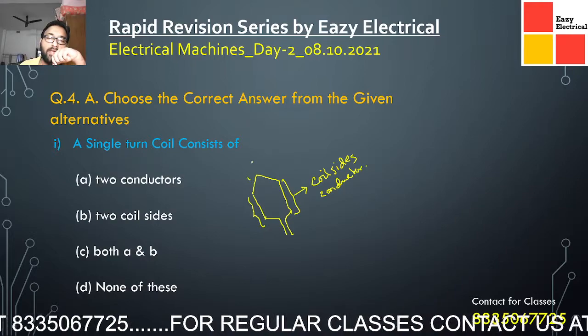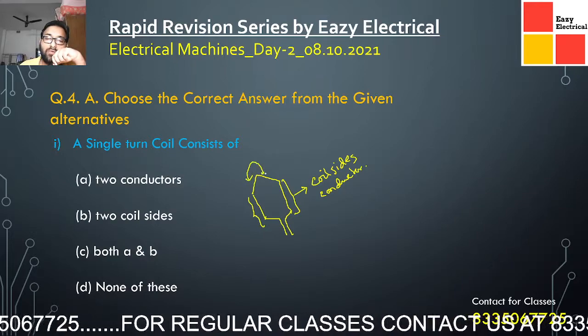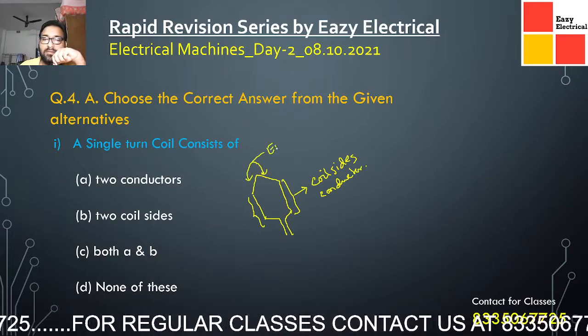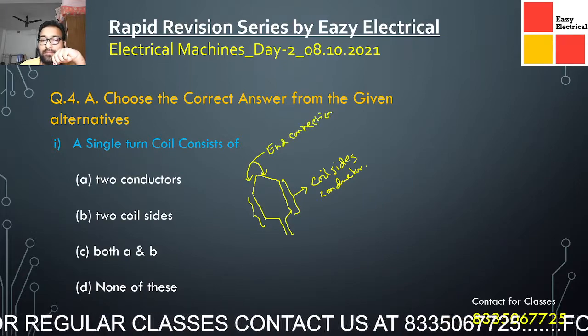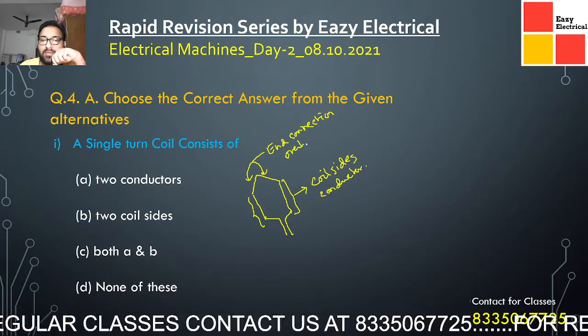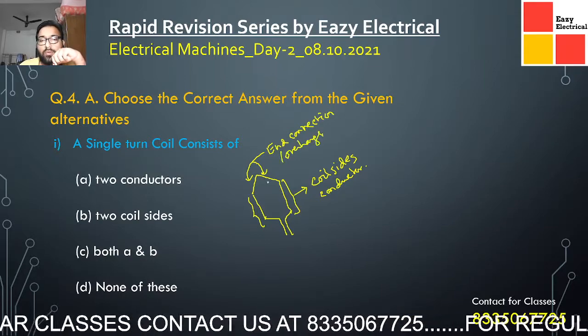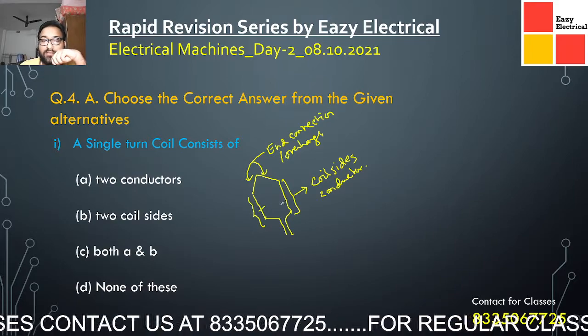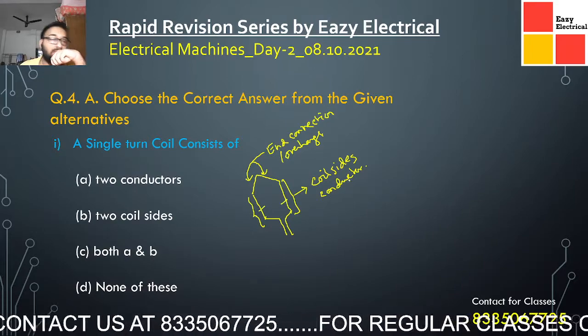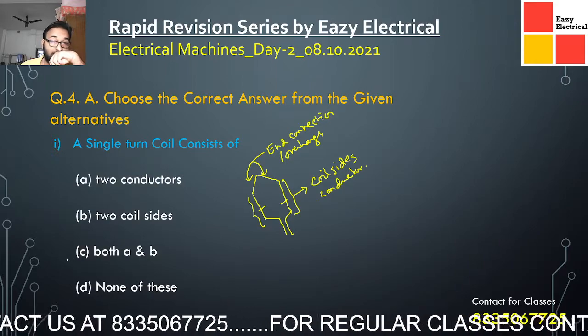There are two end positions. These two end positions are called end connections, or sometimes called overhangs. Now when a single turn coil is used, there are two conductors first of all, and there are two coil sides also. Okay, so the answer will be option C.